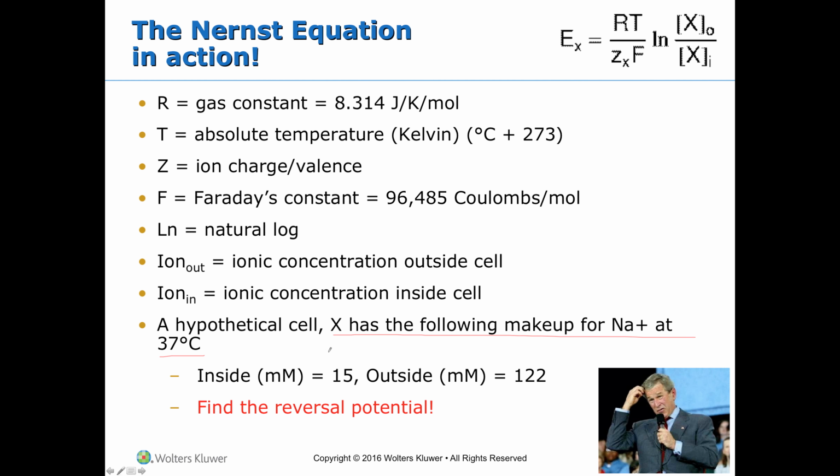So the equilibrium potential, or the reversal potential, for this cell that has a concentration of sodium inside at 15 and outside of 122. So let's say E equals R, which is 8.314, times temperature, so we're at 37. Remember that in order to produce this amount in Kelvin, you have to add 273 to this value.